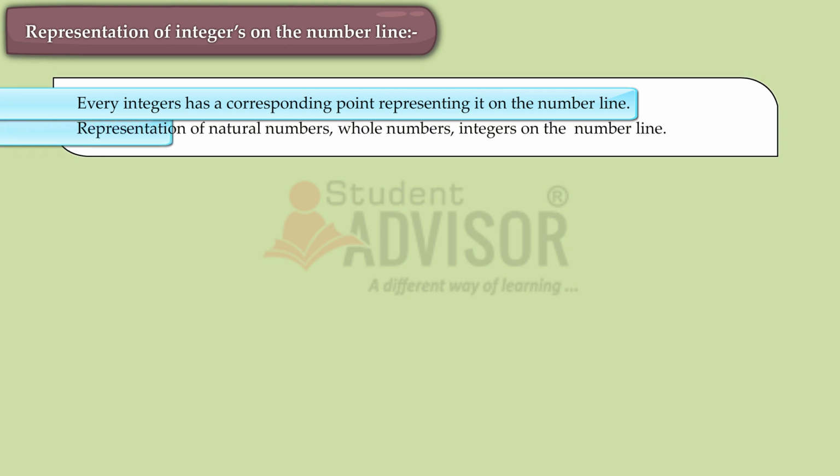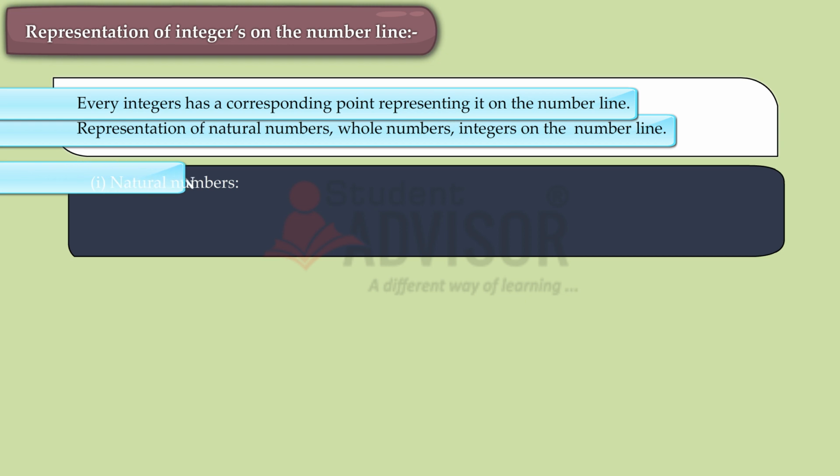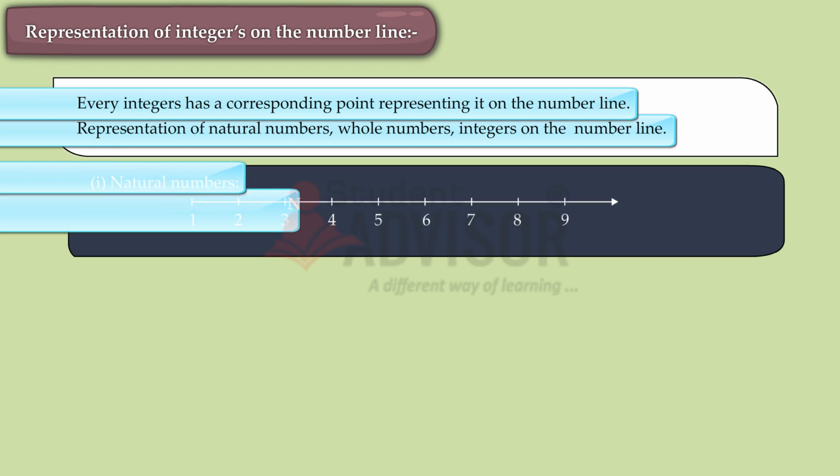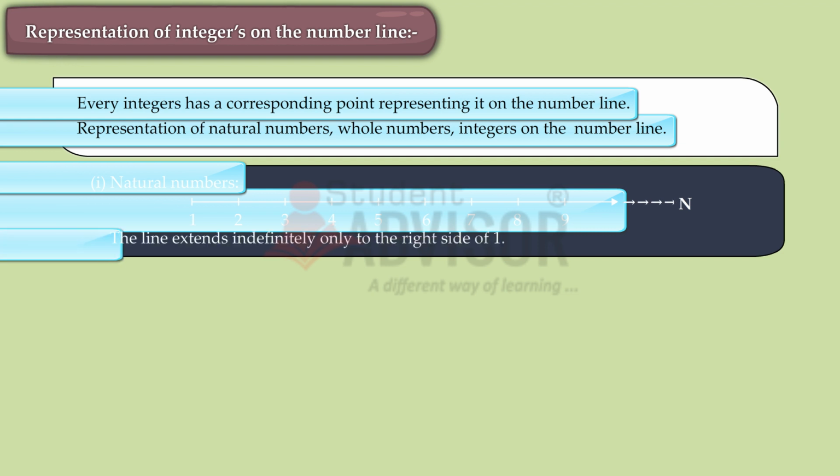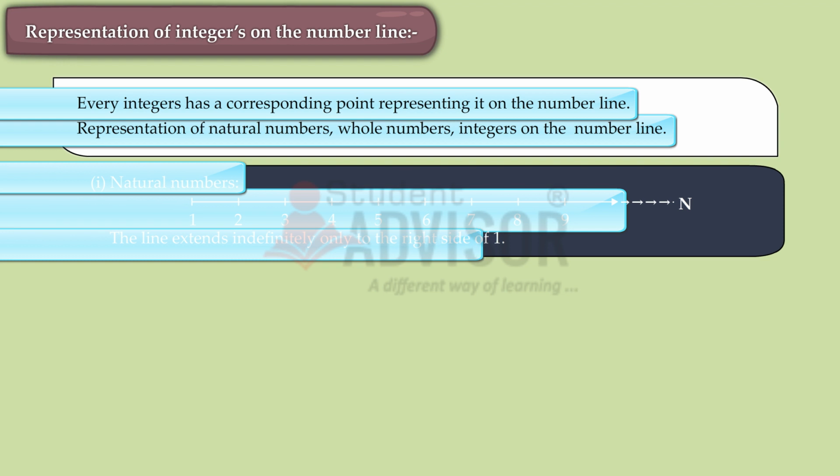Representation of natural numbers, whole numbers, integers on the number line. Natural numbers: the line extends indefinitely only to the right side of 1.